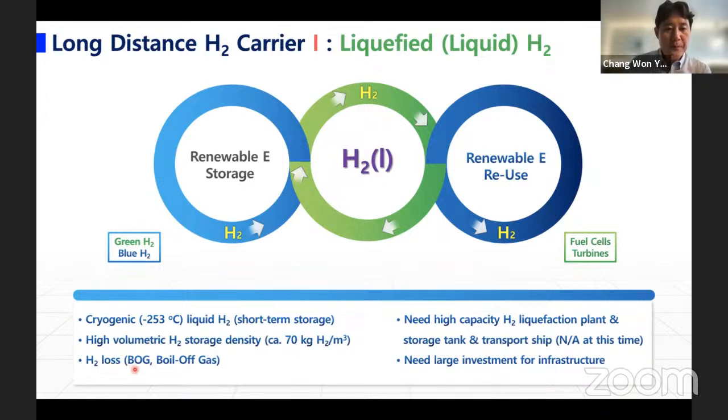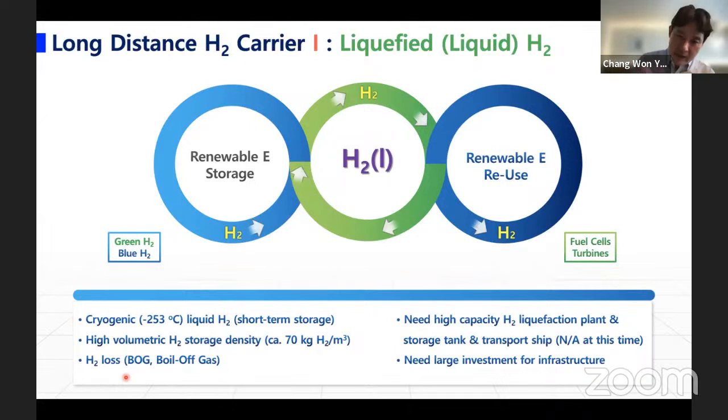This is called boil-off gas, which means hydrogen is stored at a very, very low temperature, about 20 Kelvin. So even if we make a really adiabatic, well-insulated storage tank, the gas is continuously boiled because of heat transport.